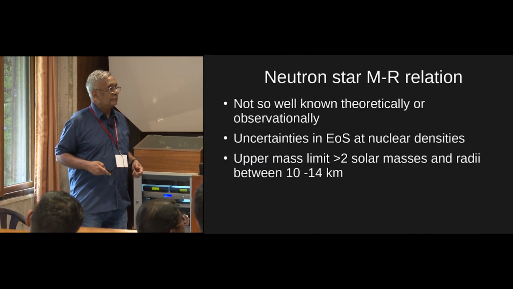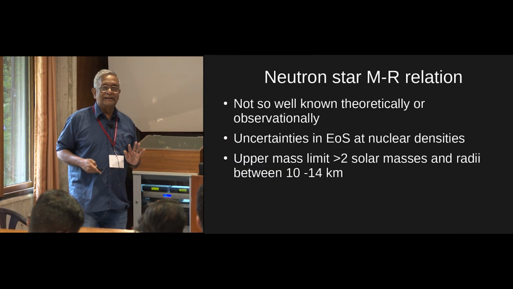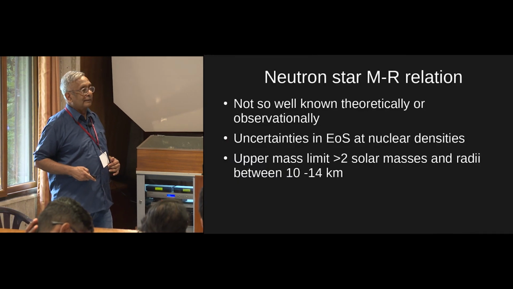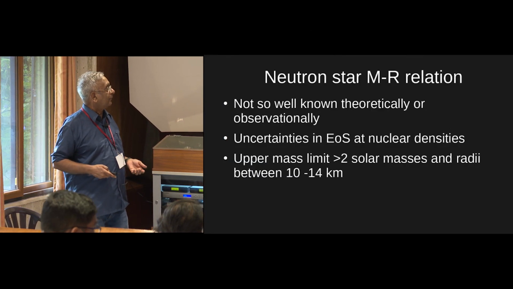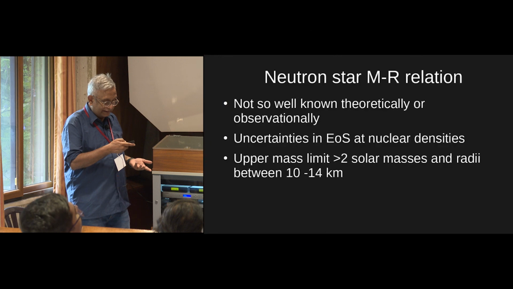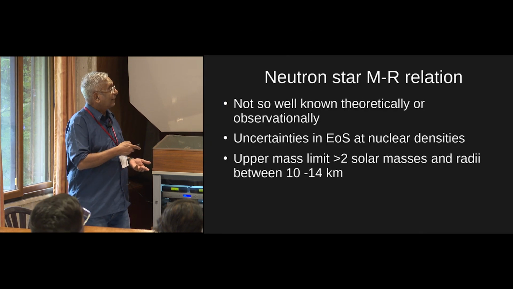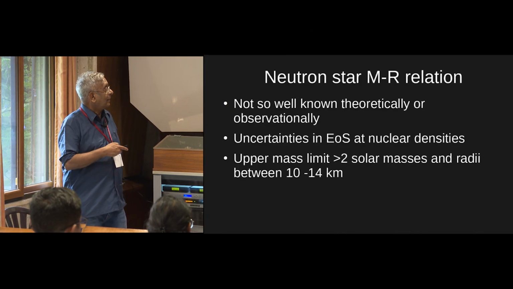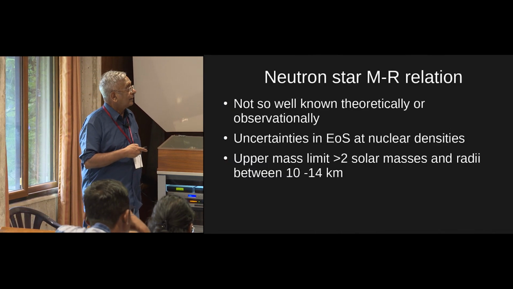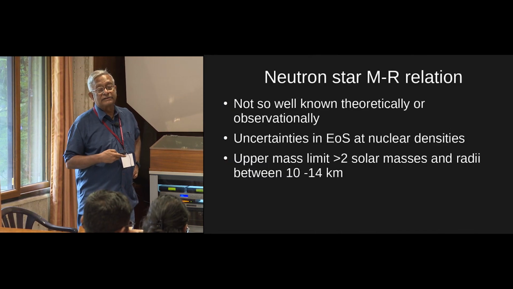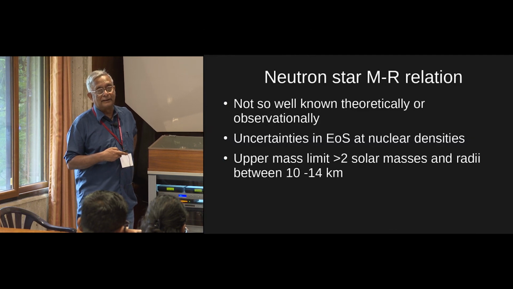Okay? So, I will only make a very general statement that there is something like this Chandrasekhar limit. It's above 2. We don't know exactly where it is. The radii are somewhere between 10 and 12. But people are very keen on doing better observationally and theoretically, because this is a region which has not really been explored in the laboratory.